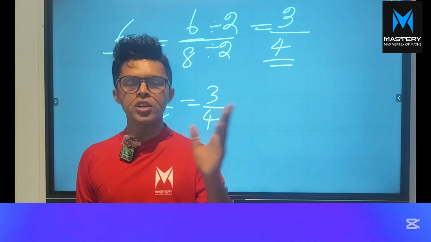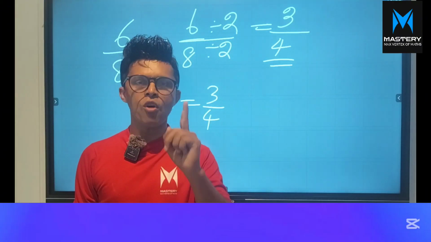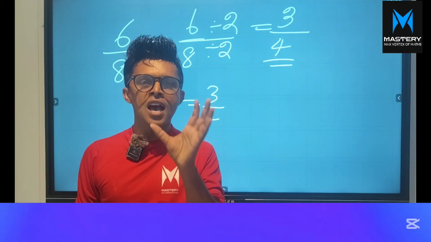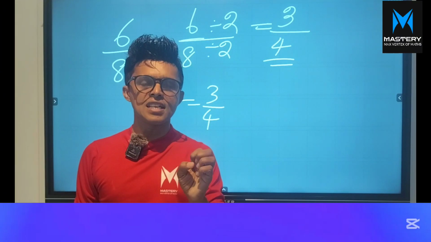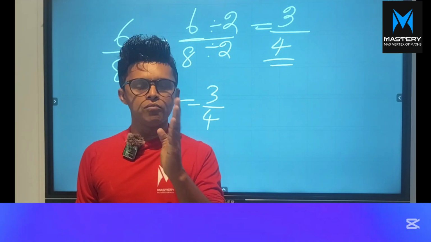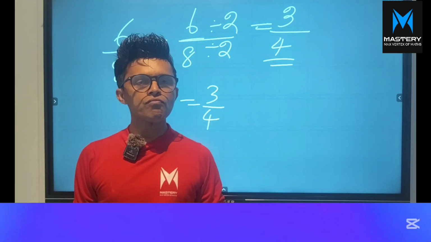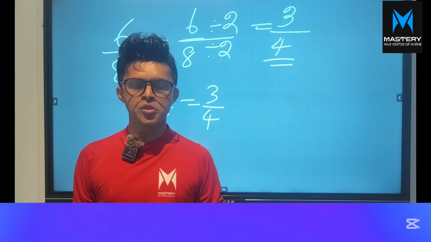But don't forget, an equal digit should be used to divide and multiply. Is that clear? I do think that you understood this one.